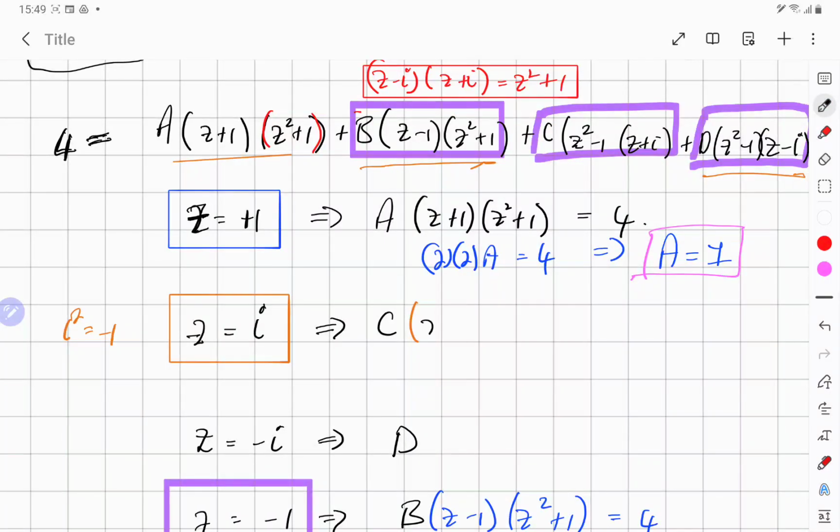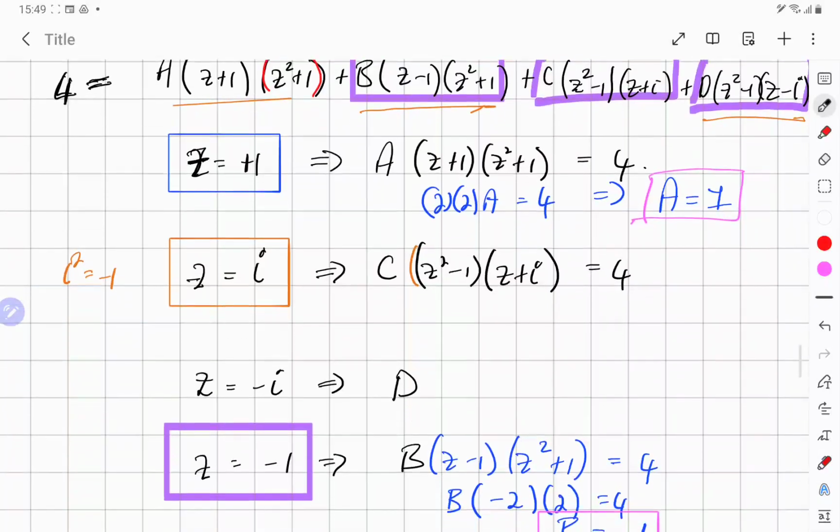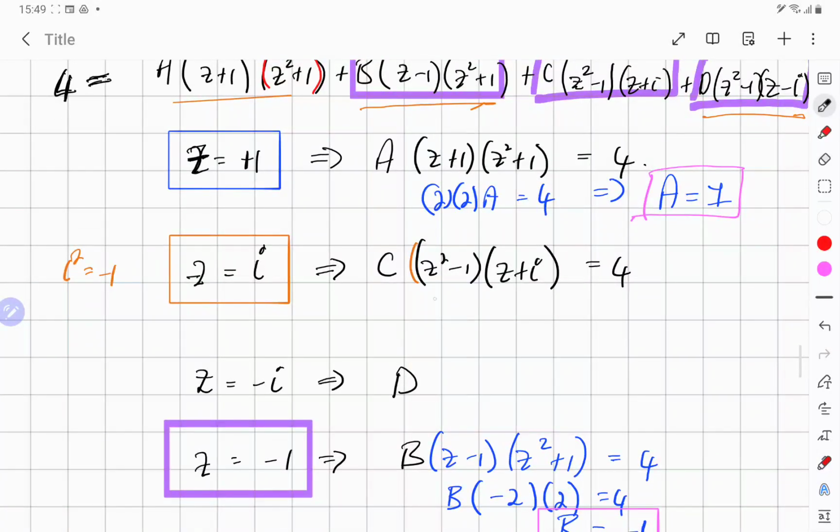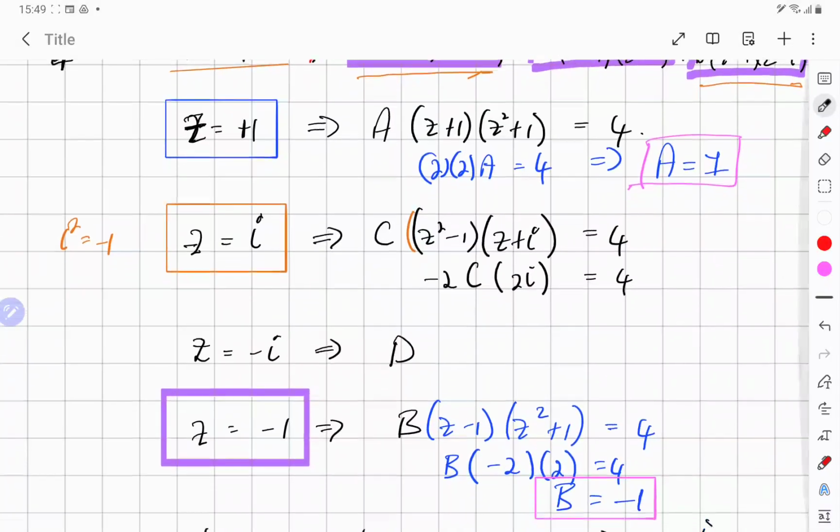I just have c, z squared minus 1, times z plus i, equal to 4 left. If I substitute i in, i squared is minus 1, so I get minus 2. And here I'll get 2i is 4.